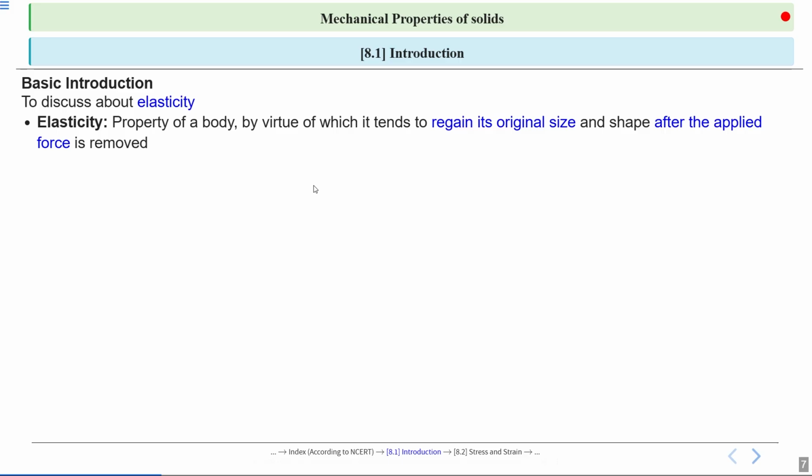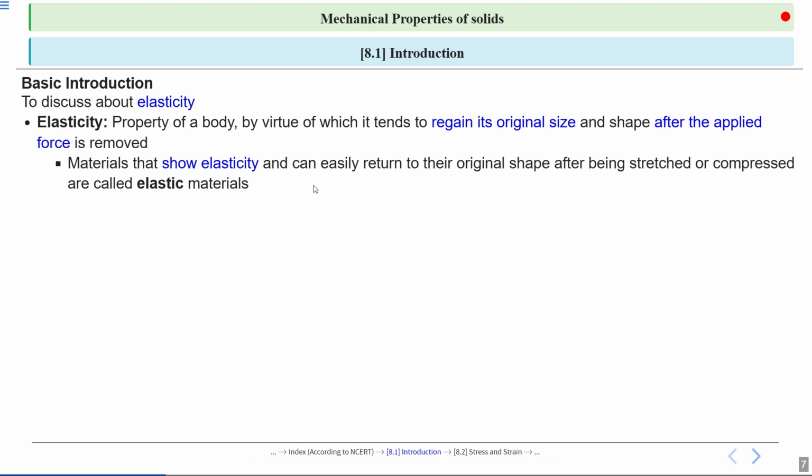Suppose we have an elastic material. If we apply some force on that material, its size and shape will be changed. But after removing the force, the shape will regain its original condition. So this is the phenomenon of elasticity.